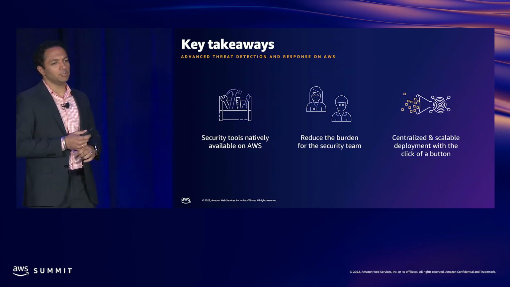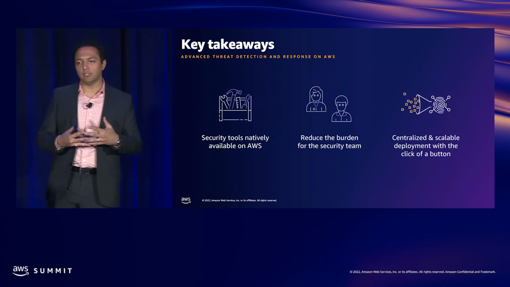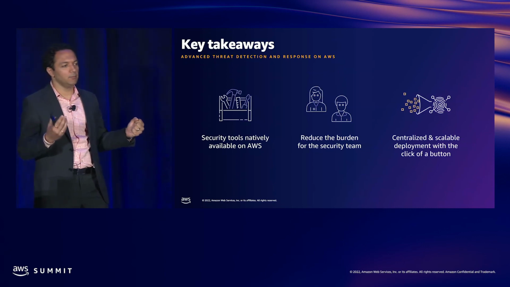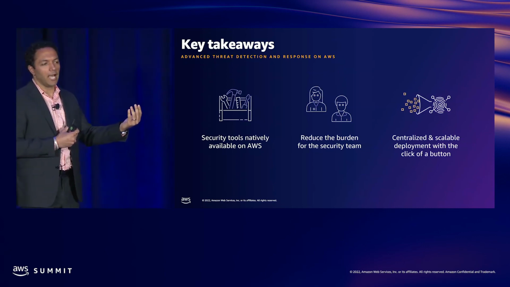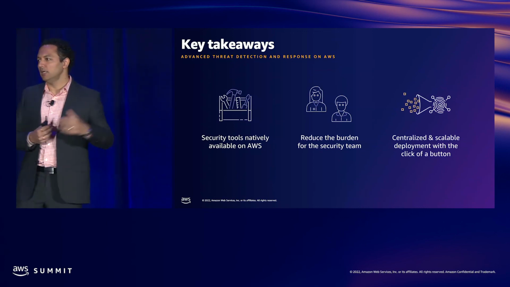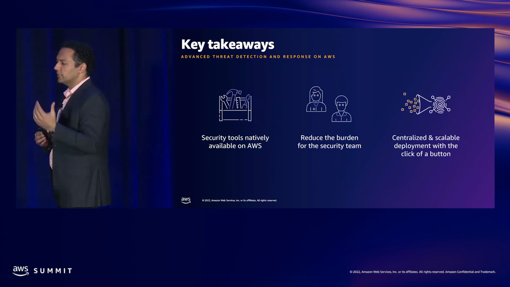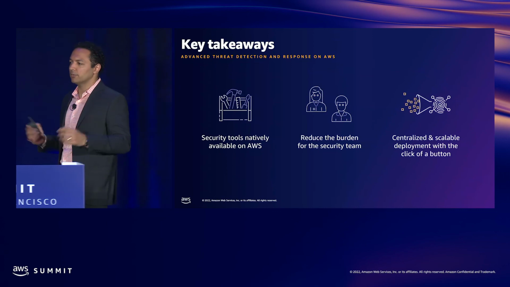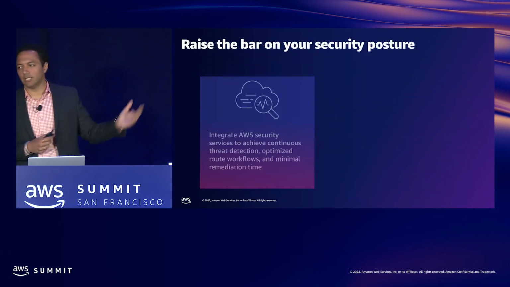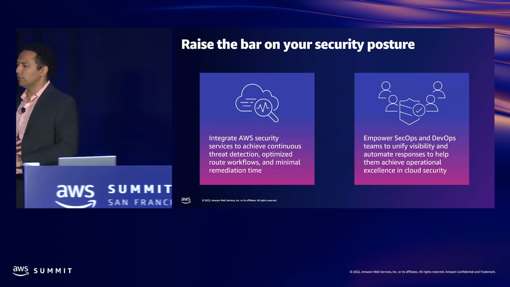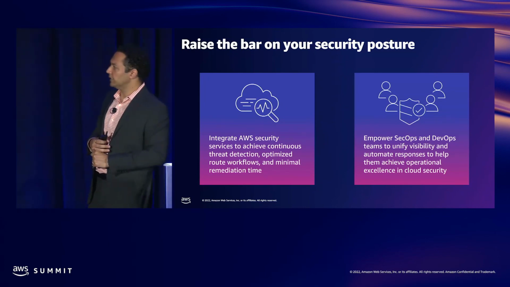It helps reduce the security burden and bridges the gap between the development teams and the security teams by telling where the resources are where there could be potential security gaps or vulnerabilities, whether it's instances, whether it's container workloads, or as it relates to threats or incidents.